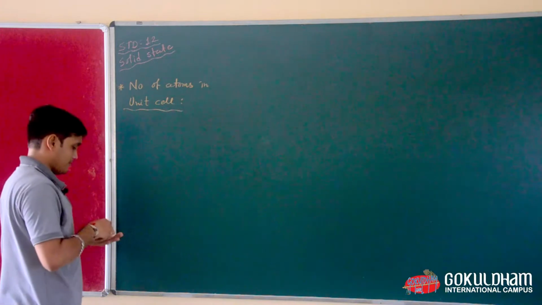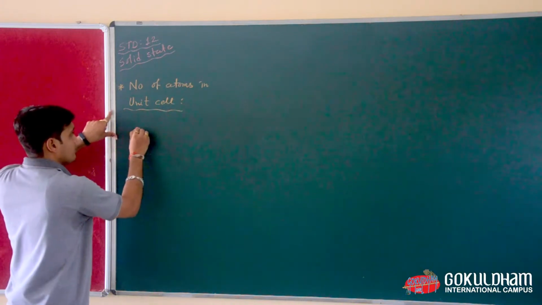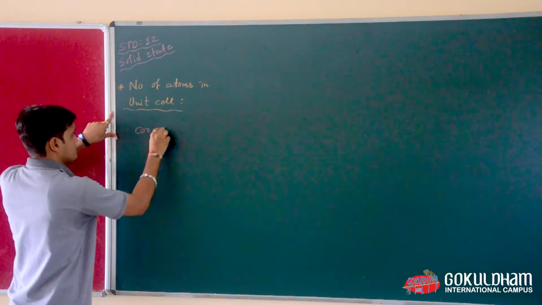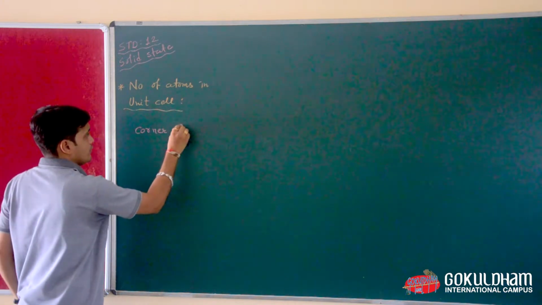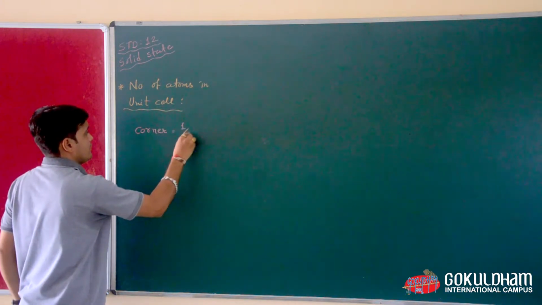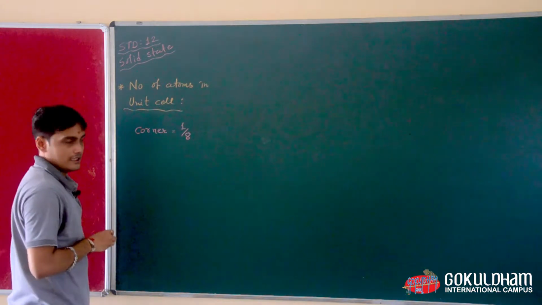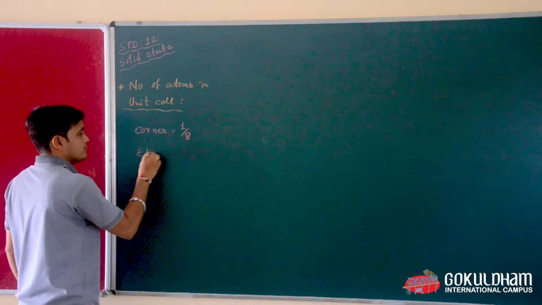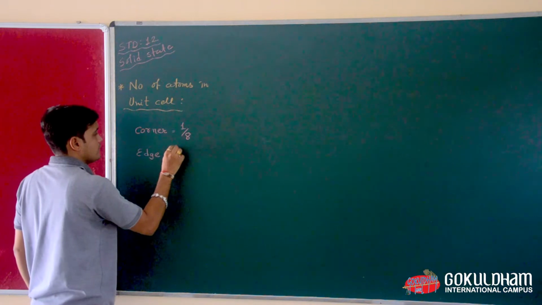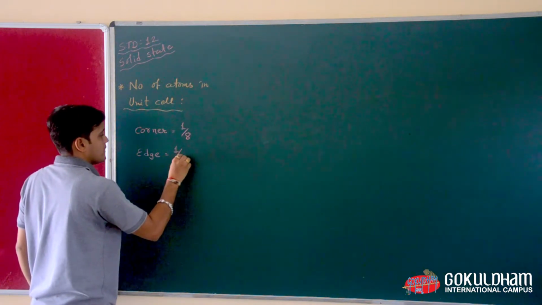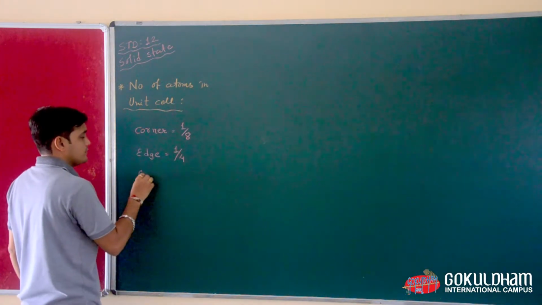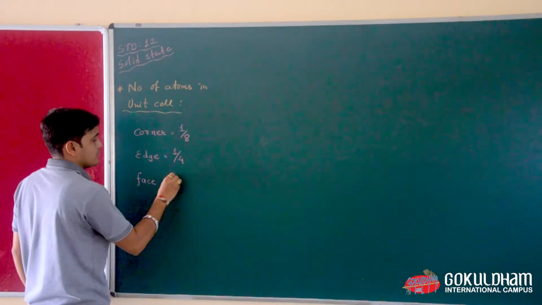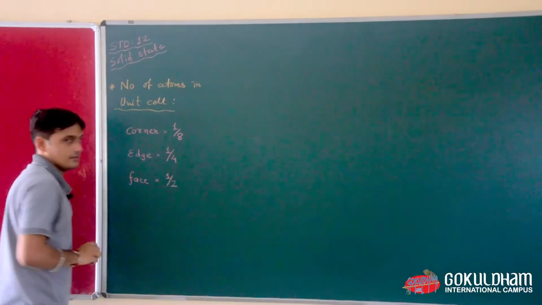Keep in mind that when you see the word corner, you have to multiply by 1 by 8. When you see the word edge, you have to multiply by 1 by 4. And when you see the word face, you have to multiply by 1 by 2.